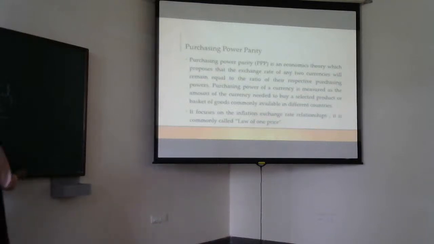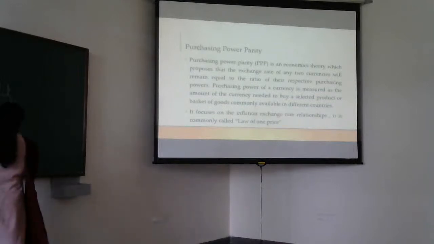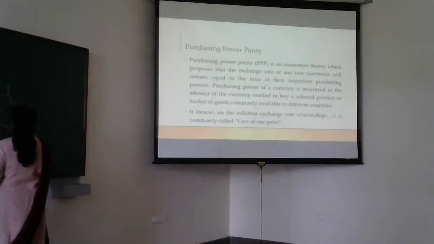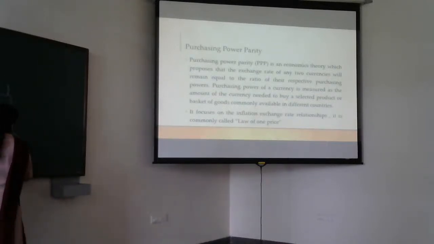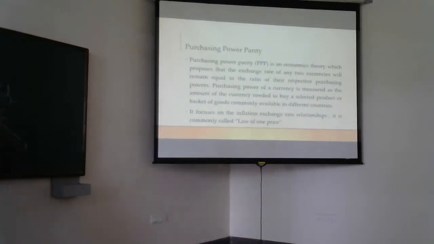Suppose, if you remember the example in the last class, 1 kg of apple, there is a possibility that in India it is costing us 700 rupees, whereas in the US it is costing us $70.